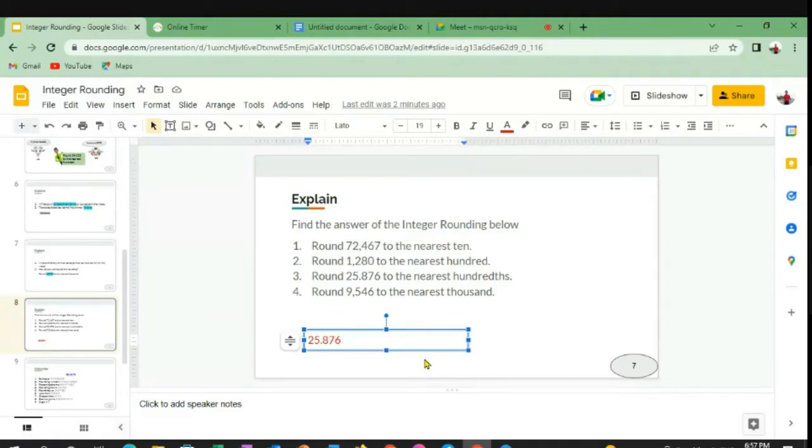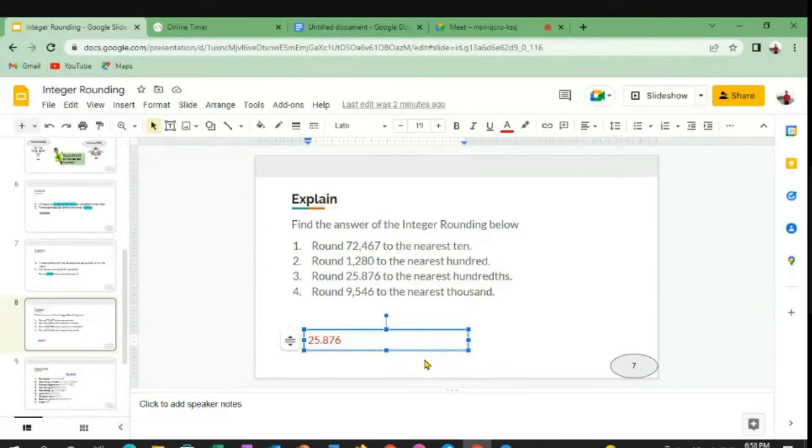If they say round to the whole number, we move from 25 to 26. But this one, you need to move to the nearest 100, so we need to think about which one is the 100, and then move it up one.